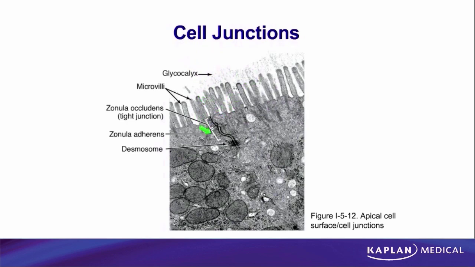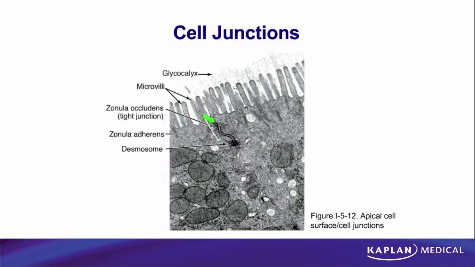So here is the junction between two epithelial cells. Right there we see the space between the two epithelial cells. So paracellular movement from the lumen to the basement membrane, to the connective tissue out here, would have to run through here. And so that is guarded by these barrier junctions.